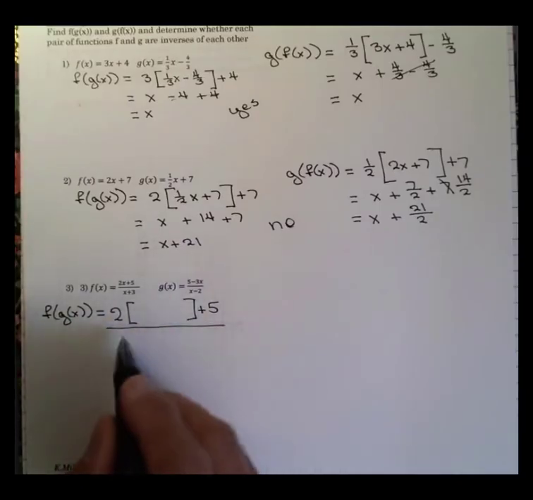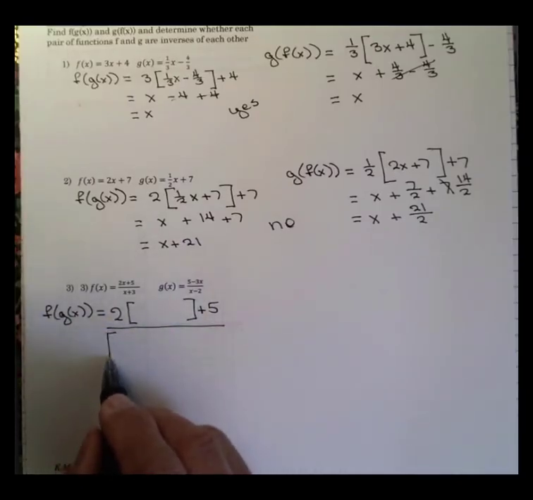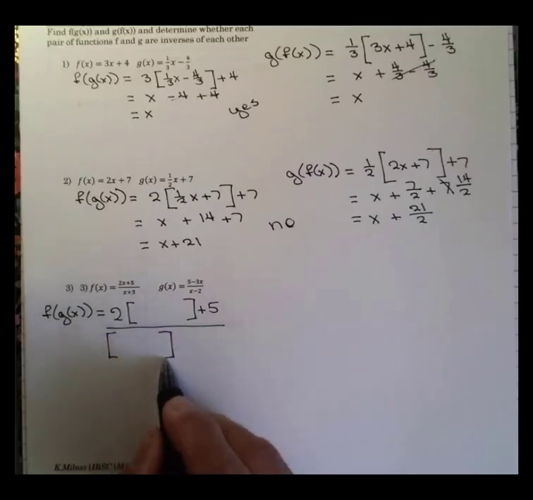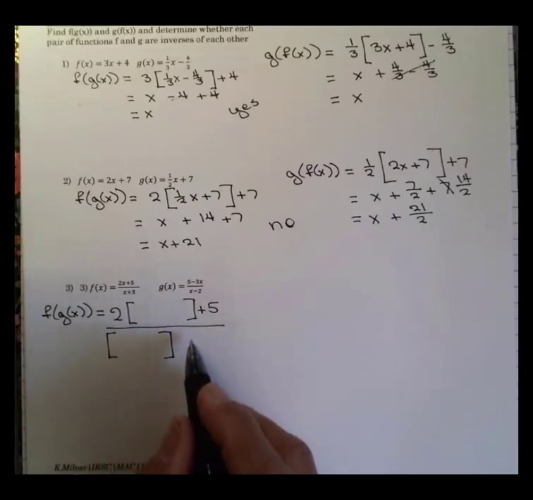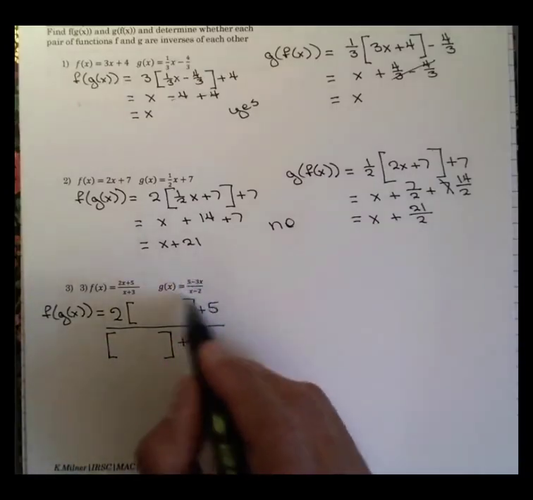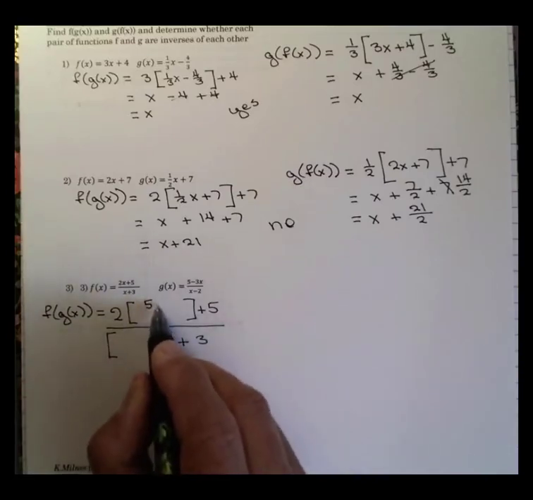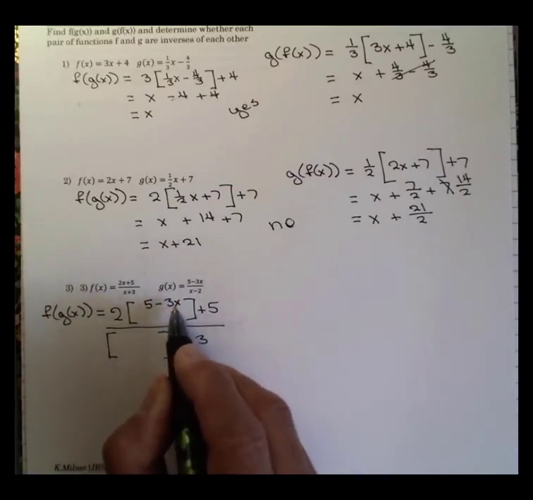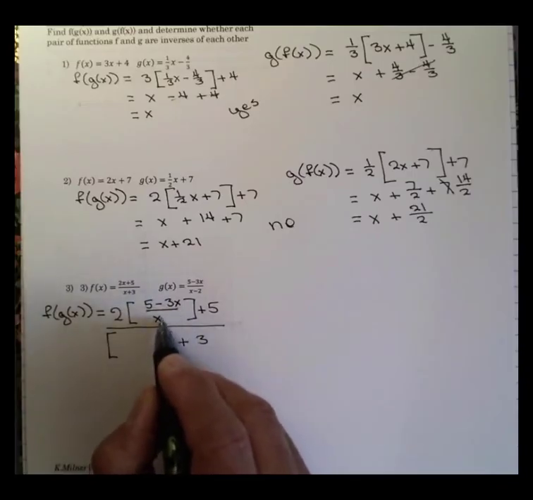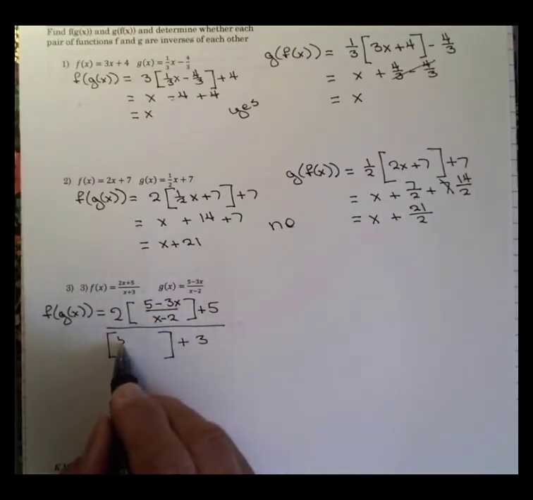And I'm going to have to go down here and say it has the x in the denominator, and that's going to be plus 3, isn't it? Okay, now let's put the g of x function into where we left these blanks. So this is going to be times 5 minus 3x over x minus 2, and I have to insert it in both places.